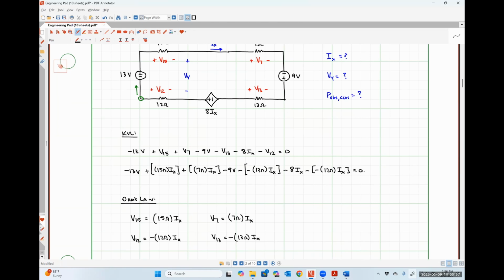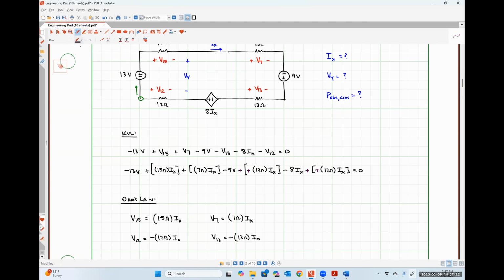Now we're going to simplify things, right? I'm going to leave all of those IX terms on the left-hand side of the equal sign. Just for what it's worth, if I have a minus here and a minus here, they cancel out to make that a plus.